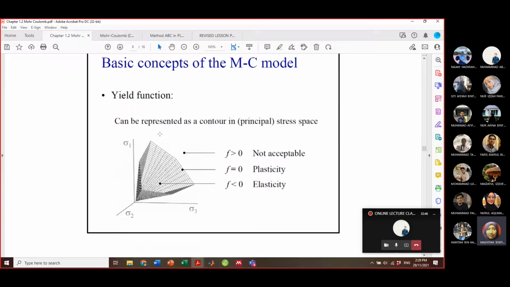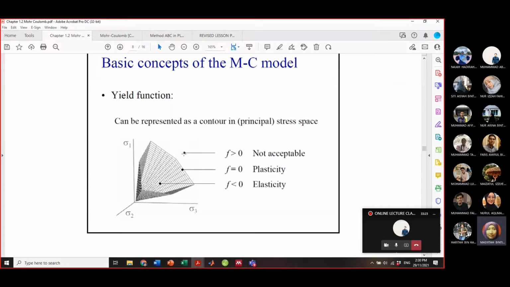Okay, the yield criterion, as I said, from condition 1, condition 2, and condition 3, can be presented in the stress path or in the yield path in sigma 1, sigma 2, and sigma 3 as I have here. The criterion is bounded by this shape, and if the stress state is within this region, we call it plasticity.